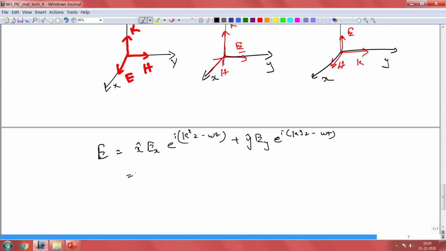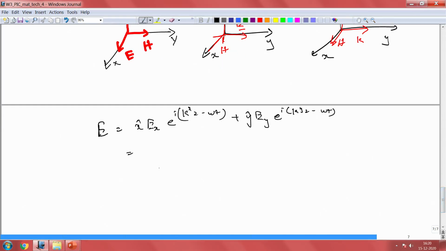You can do a little bit of movement here and there, and eventually you can get an amplitude part, and then you have your phase part.